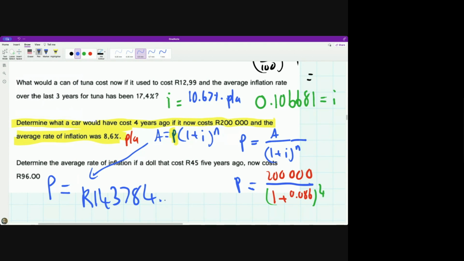So essentially, just 4 years ago, a car that today costs 200,000 only cost 143,784. And that was with an inflation rate of 8.6%. That seems like, whoa, those prices grew quickly. Give me a thumbs up if you are okay with that one.